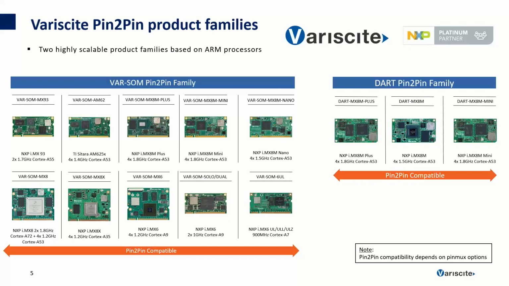All these SoMs share the same reference carrier, so you just need to unplug the SoM, plug in the different SoM that you want to try, and use the reference SD card. That's it. The design of the carrier has been optimized to work with all of these SoMs.